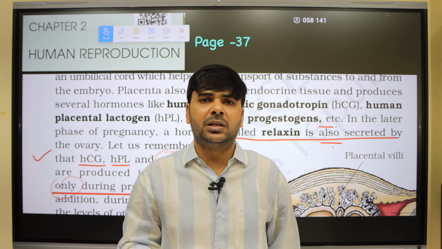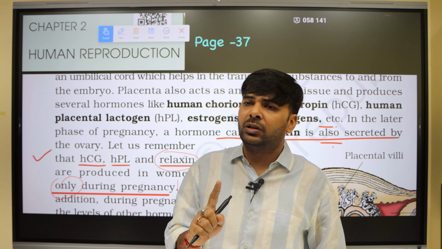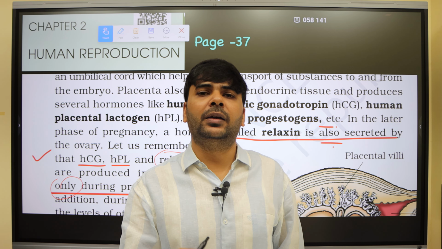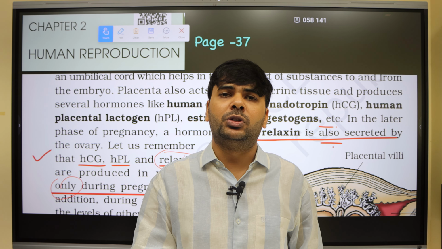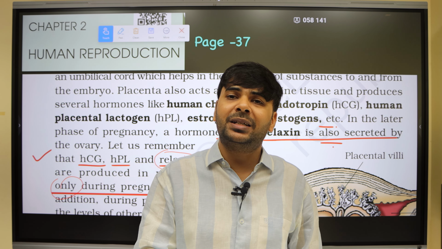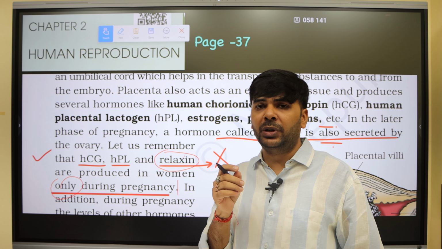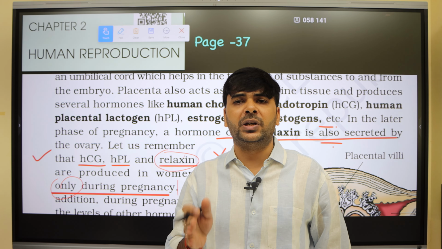So no placenta, no pregnancy, so they are never secreted before pregnancy. But relaxin is mentioned here as secreted by the placenta during pregnancy. It is released by the corpus luteum during pregnancy, and yes, before pregnancy also. Relaxin is released before pregnancy, in non-pregnant females in the post-ovulatory phase also.